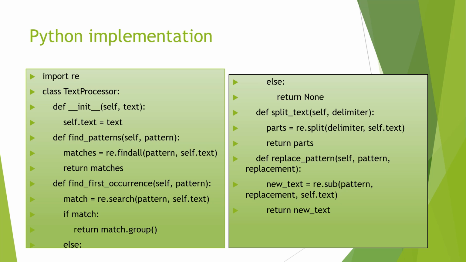These built-in functions are invoked through the re module, which internally creates an object and invokes the split function and the other functions we use here. The split function separates the text into words based on the delimiter and returns the resulting words. Then we have a replace function, which replaces the given pattern with the replacement text or word and returns the result. The new, modified text will be printed as a result.